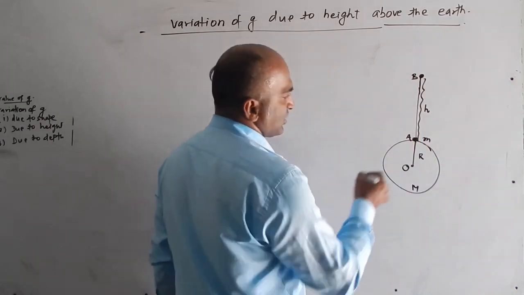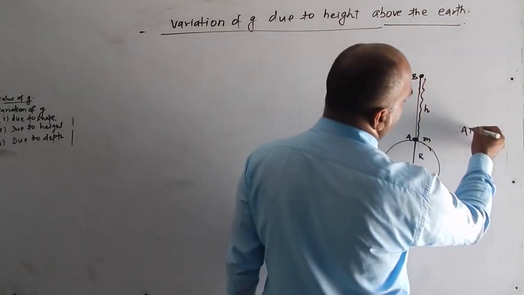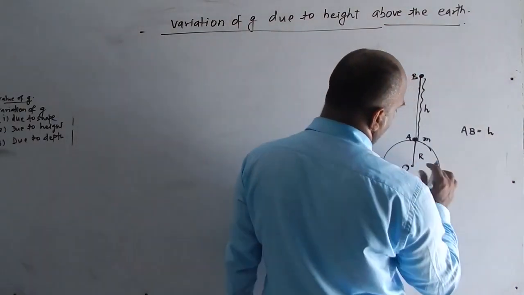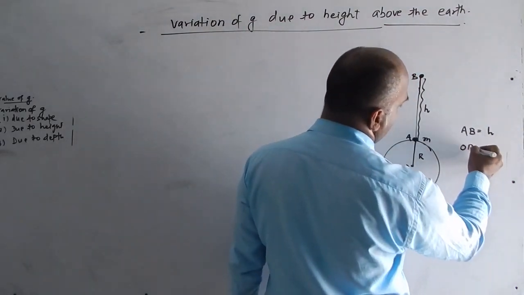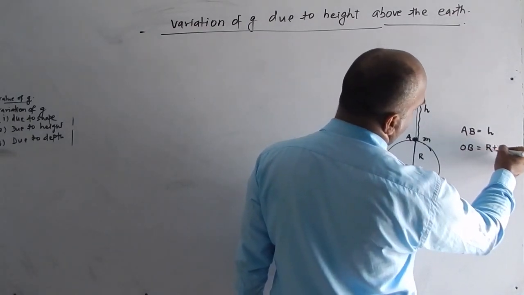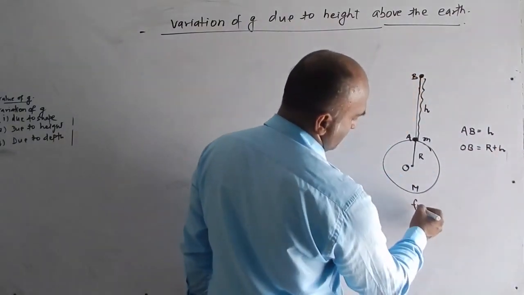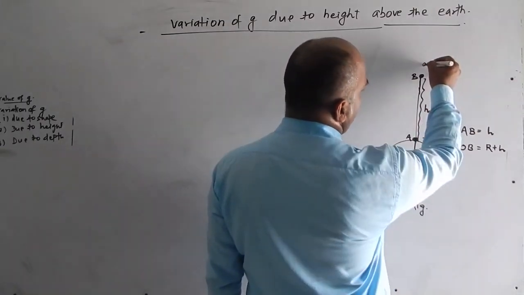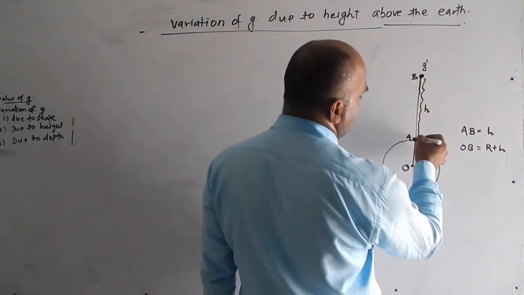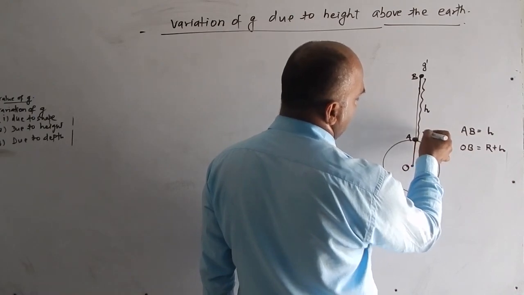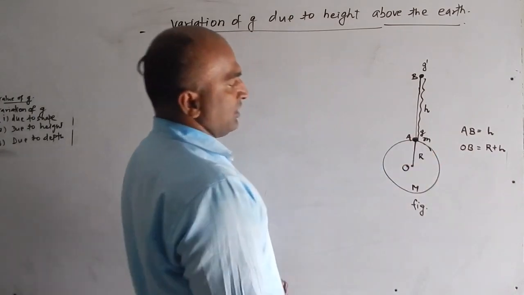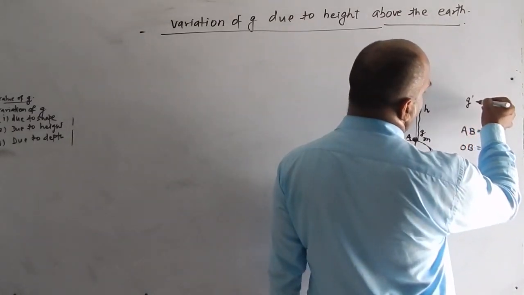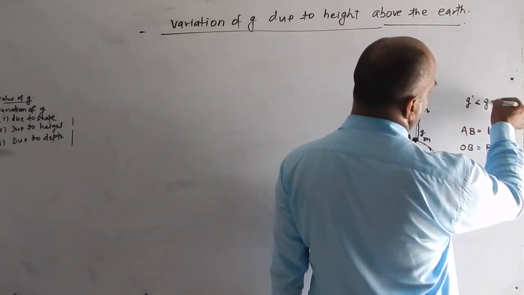This is the height h from A to B. Therefore, from O to B, it is equal to R plus h. Acceleration due to gravity at B is, suppose, g prime, and acceleration due to gravity at A is taken as g. Here, I will prove that g prime will be less than g.